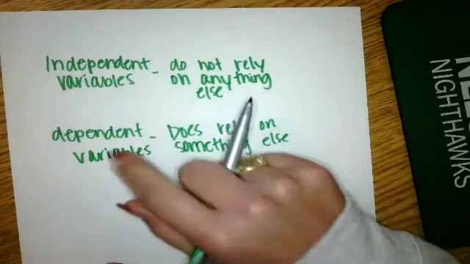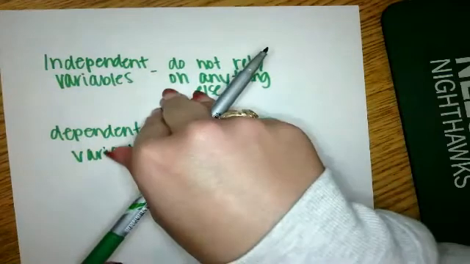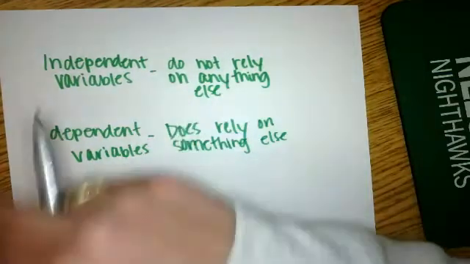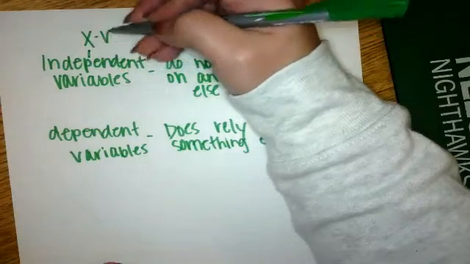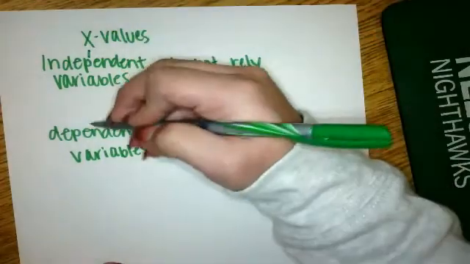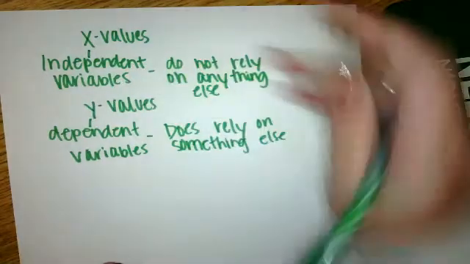So I can't get this number without knowing what this one is, okay? It depends on something else. My independent variable is always my x values, and my dependent variable is always my y values, okay?